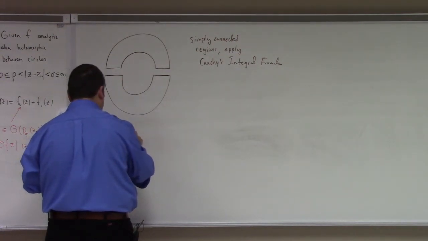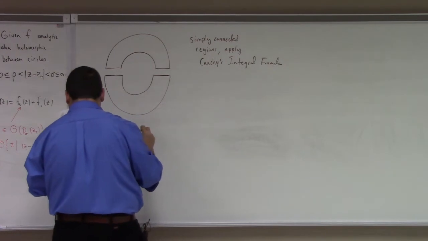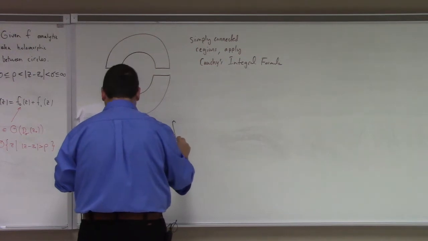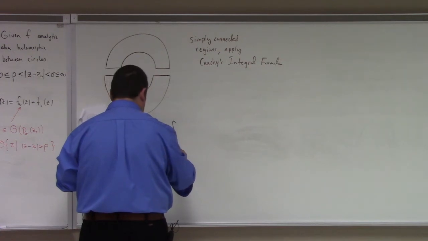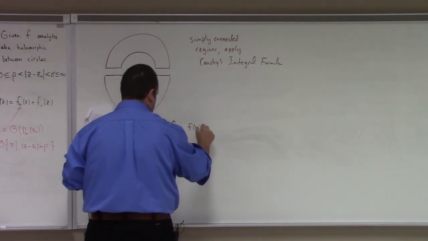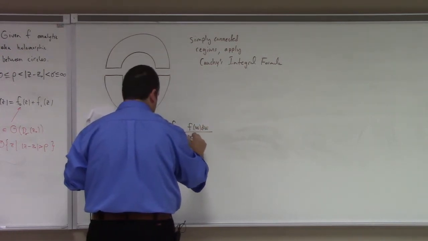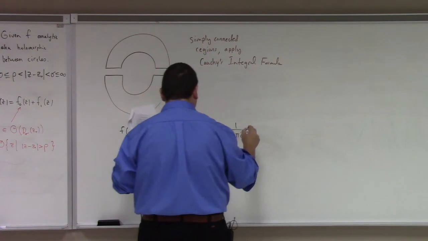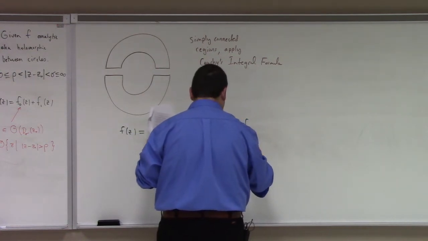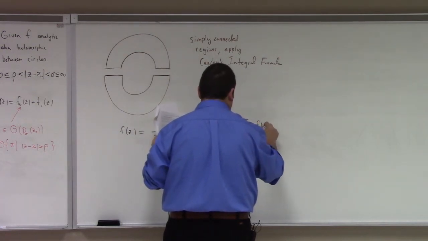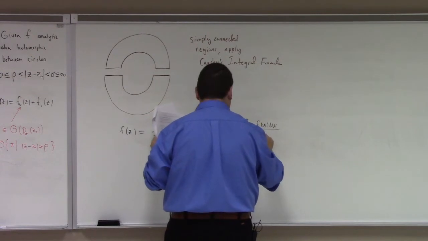We get f of z is equal to 1 over 2 pi i, the integral around a closed loop here, modulus of w minus z naught equal to s, f of w dw over w minus z, minus 1 over 2 pi i, the integral over modulus of w minus z naught equals r, f of w dw over w minus z.